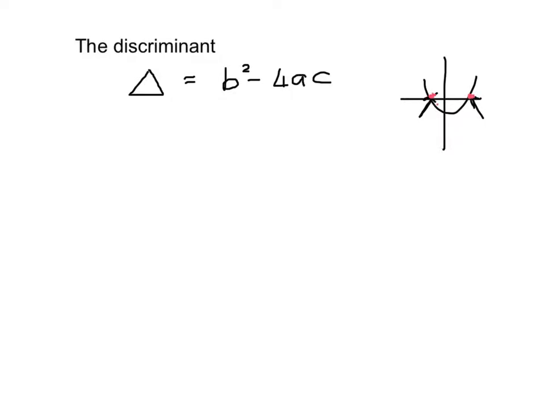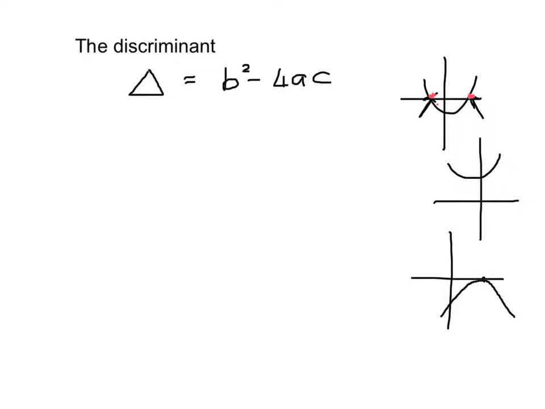But we could also have a parabola that is up here, and that doesn't have any roots. It doesn't cross the x-axis, and it may have imaginary roots. Or it could be a quadratic like that, and it just crosses in one place.